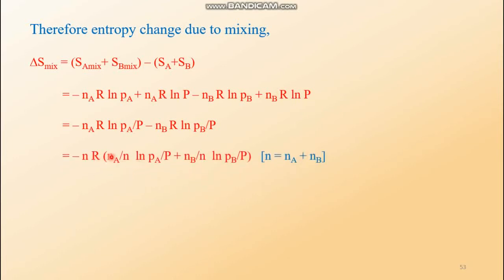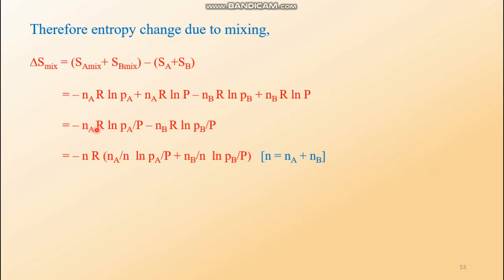Now in place of Na, we are putting it inside the bracket, and we are taking R outside the bracket. Then we multiply both numerator and denominator by the overall number of moles of the two gases, N. N is the combination of Na plus Nb. So what we are doing here, just look carefully.